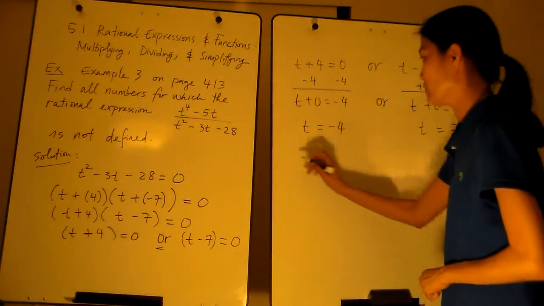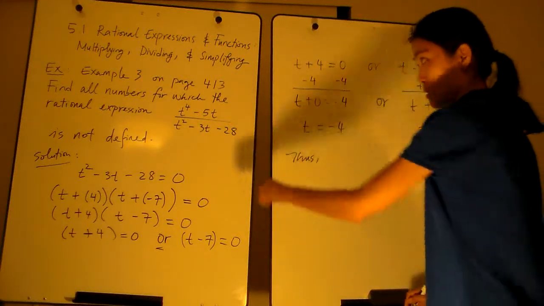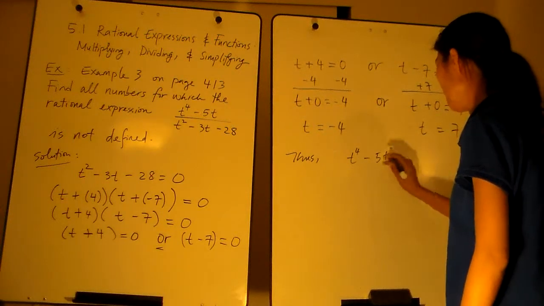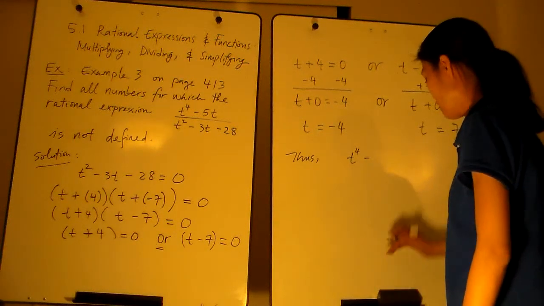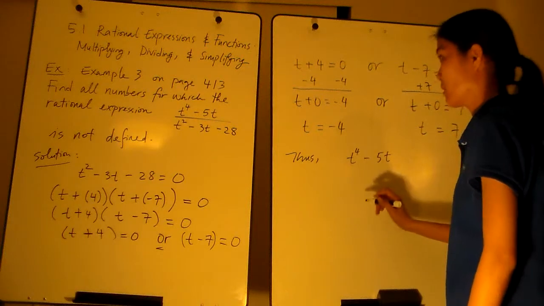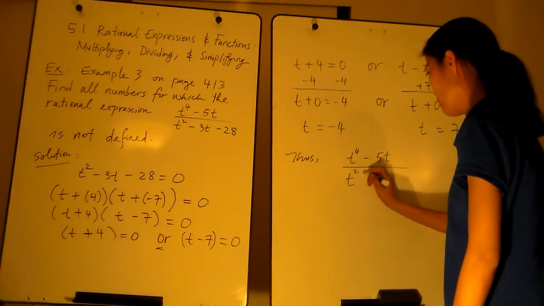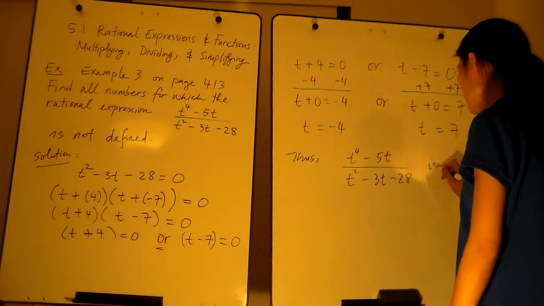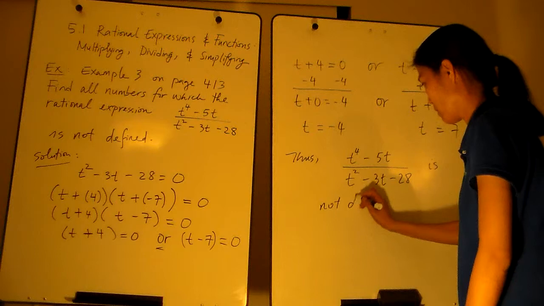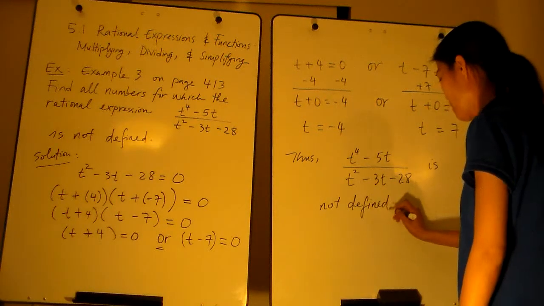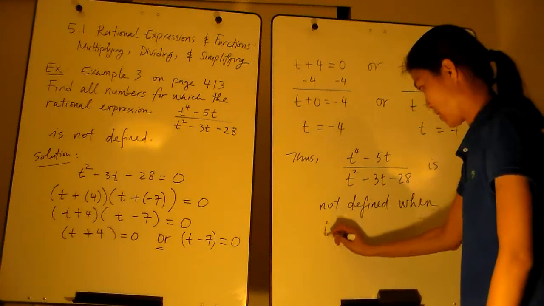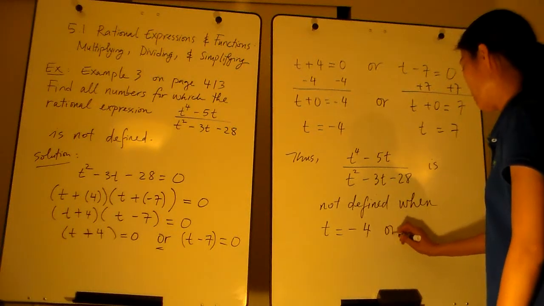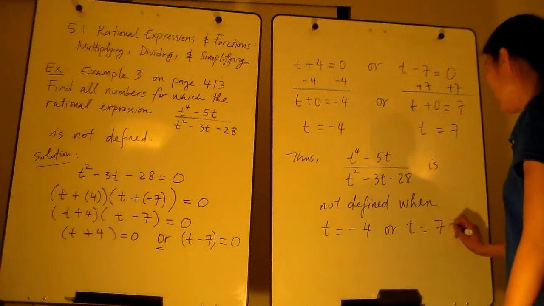So thus this rational expression, 4t minus 5t, divided by t squared minus 3t minus 28, is not defined when t equals negative 4 or t equals 7.